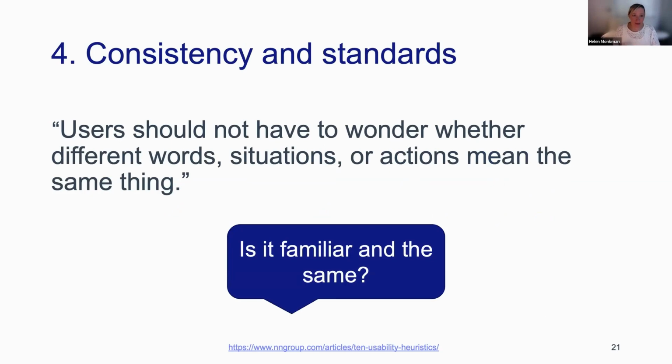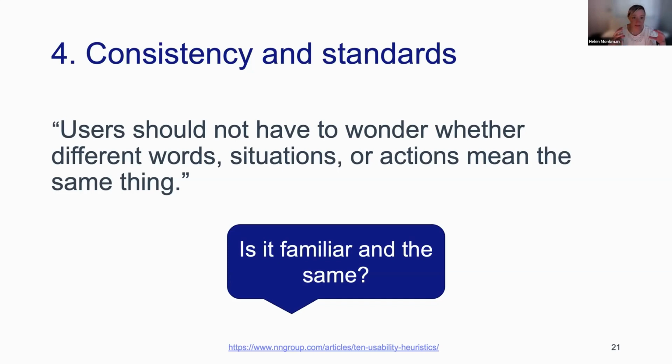Consistency and standards is a pretty straightforward one. This is the idea that once we're within a dashboard or when we're in a particular operating system, we want to follow the conventions that exist. So we don't want to wonder whether in the same dashboard, words are being used differently or the same, or buttons or that sort of thing.